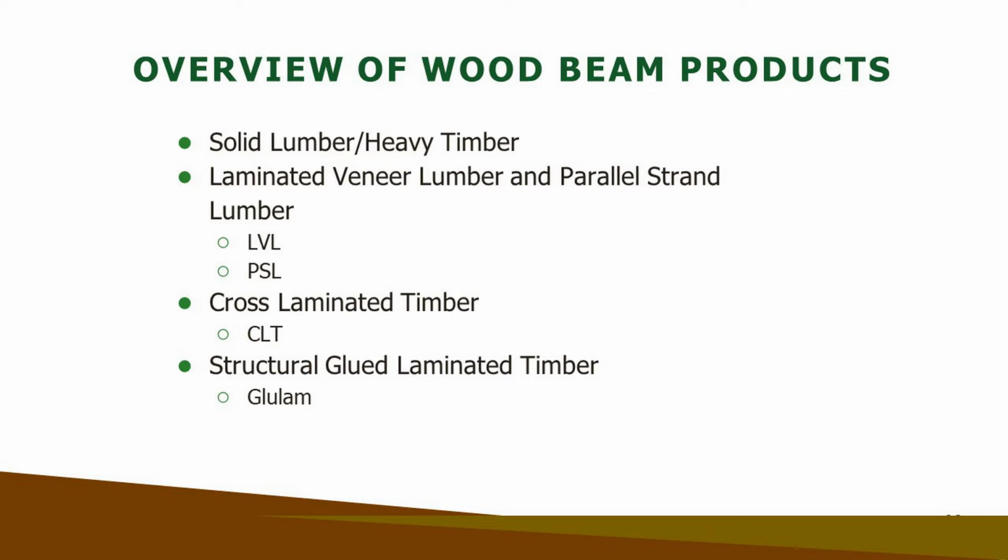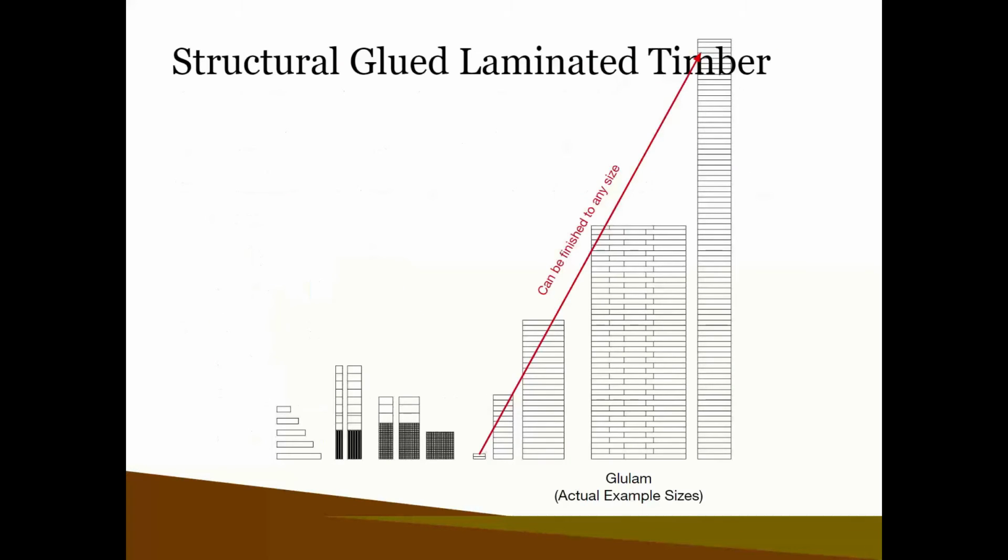And then we have cross-laminated timber, the hot new exciting product, where that is panels of lumber that have been glued together with each layer's grain running perpendicular to the one before it. That also has its limitations. It's currently only being used basically for floors, walls, and ceilings. And then we have structural glued laminated timber, which I'm not sure has very many limitations.